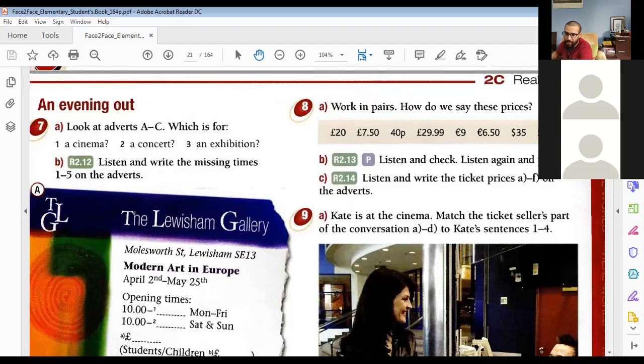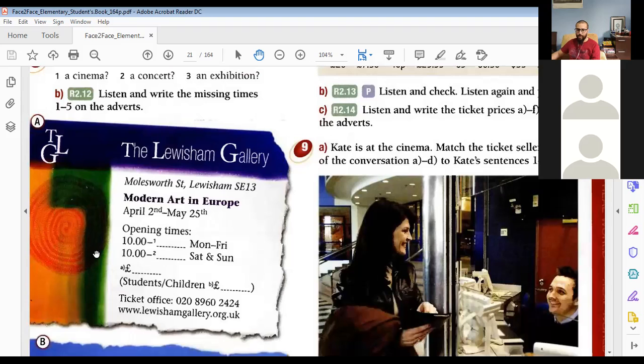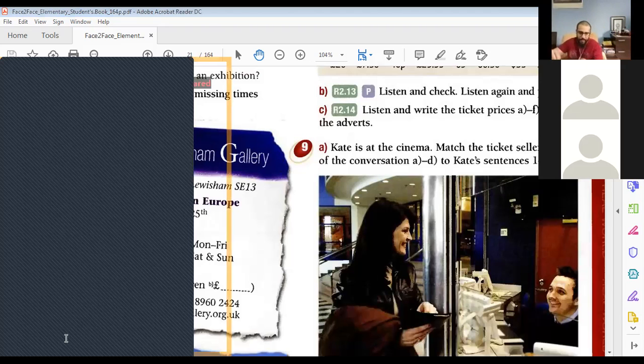So for dollars, cent. Yeah, 50 cents. Because for dollars and for euros, we use cent. But for pounds, we use pence. Okay. So we will also hear that today. So let me go to the listening track. Let me find the advert.